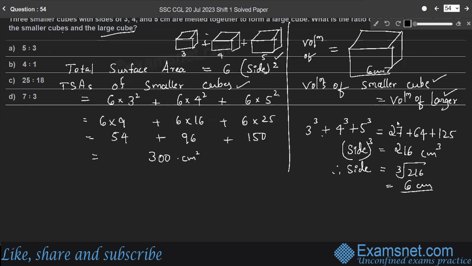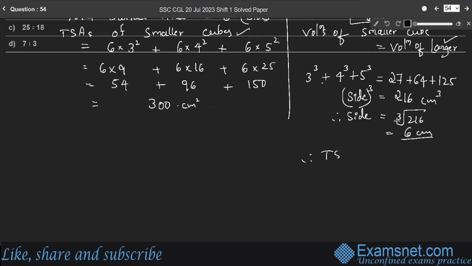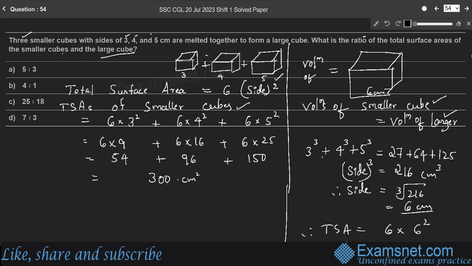Therefore, its total surface area is equal to 6 times 6 square of its side. So 6 cube is 216 centimeter square. So the total surface area of the larger cube is 216 centimeter square. Therefore, the question asks for the ratio of TSAs of the smaller cubes to the larger cube.